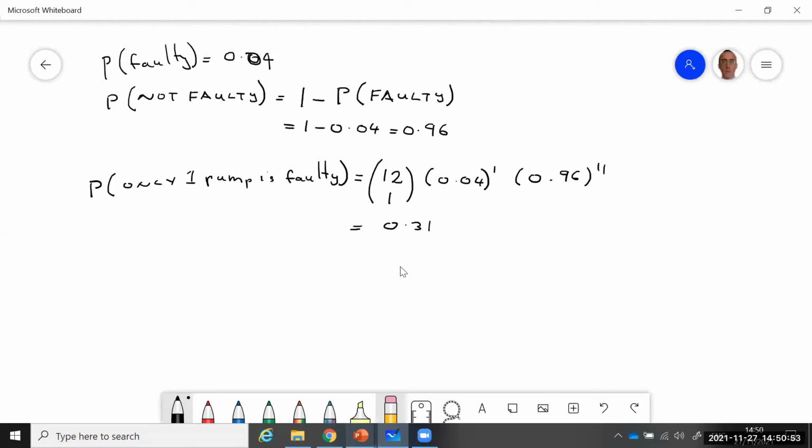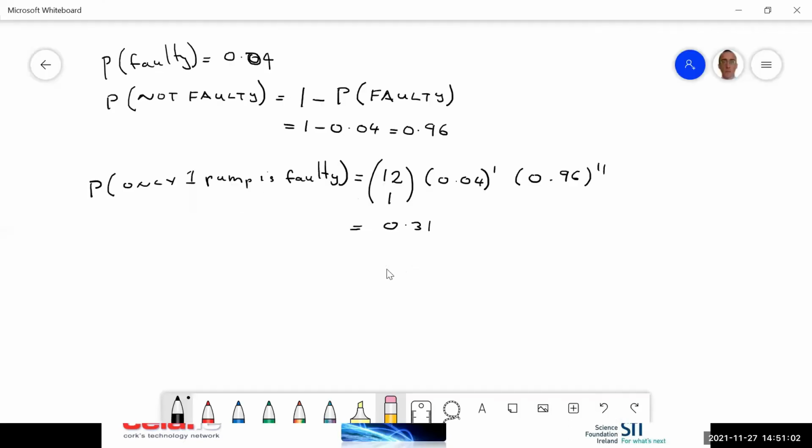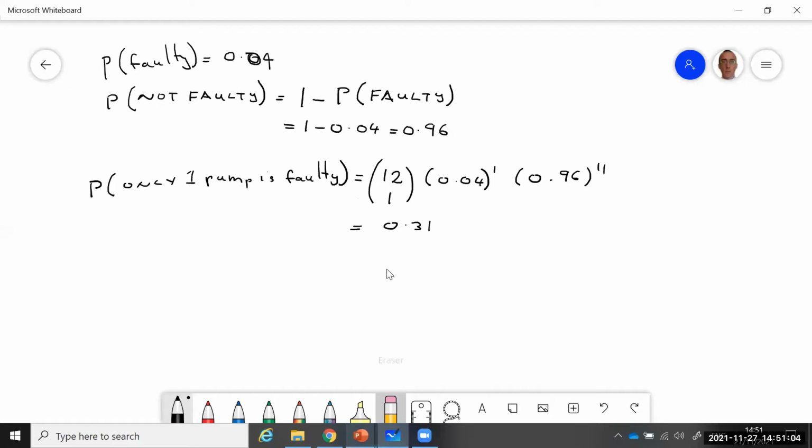The next question is calculate the probability that no more than 3 pumps are faulty, correct to 2 decimal places. The English here is often very important in these particular questions.